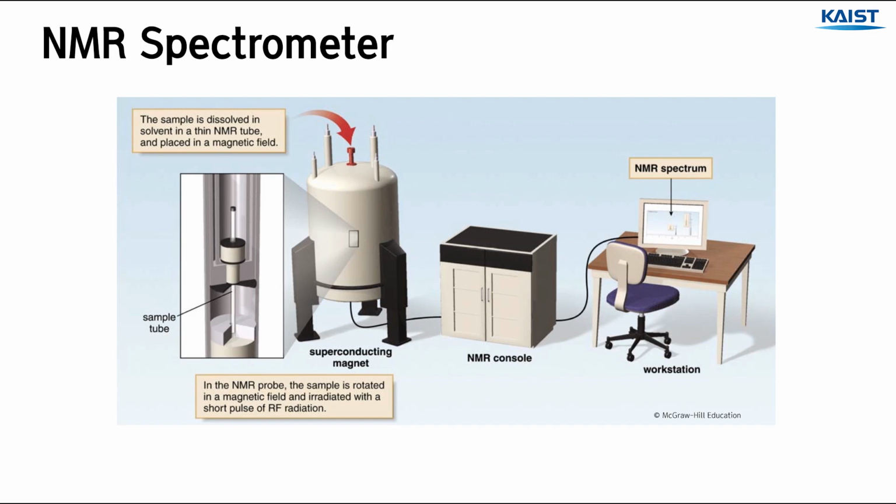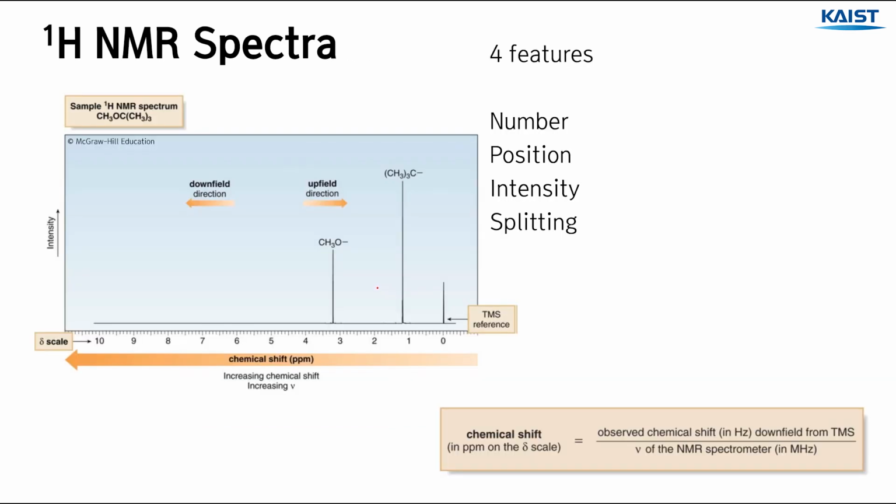A radio frequency generator then irradiates the sample with a short pulse of radiation, causing resonance. When the nuclei fall back to their lower energy state, the detector measures the released energy, and a spectrum is recorded. We will see how proton NMR works to find out the structure of organic molecules.